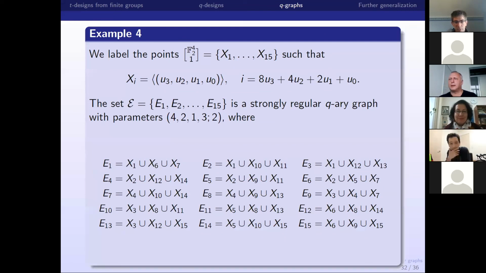I don't remember now. We were recently talking with Francesco Pavese, who visited us, about this example in the setting of projective geometry, but I don't remember exactly.